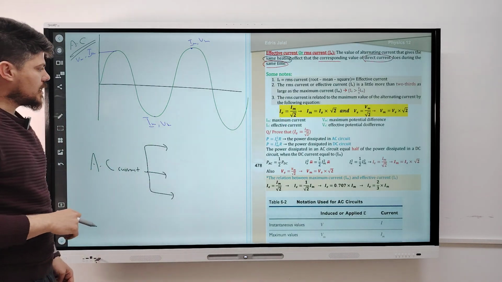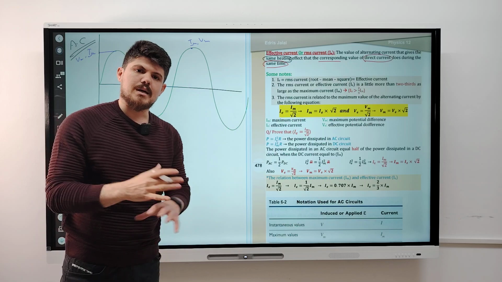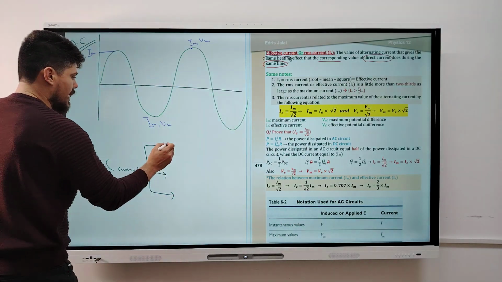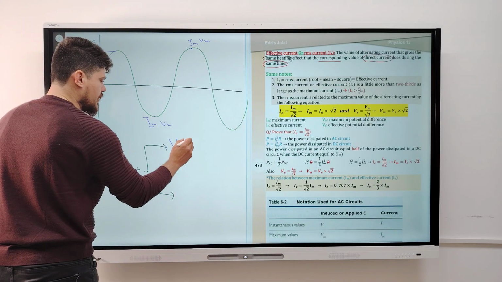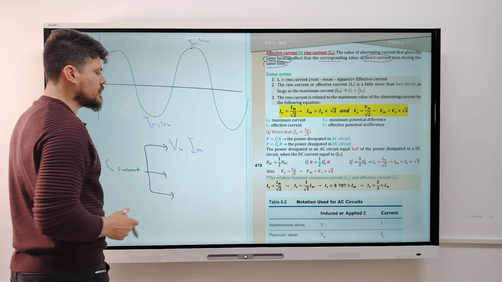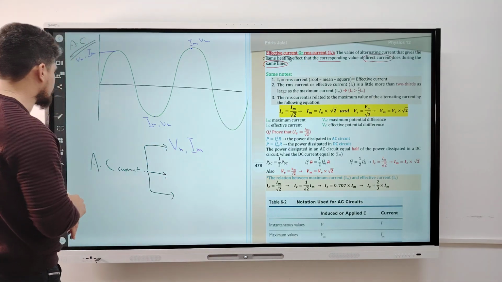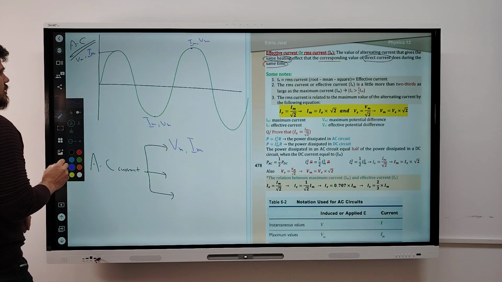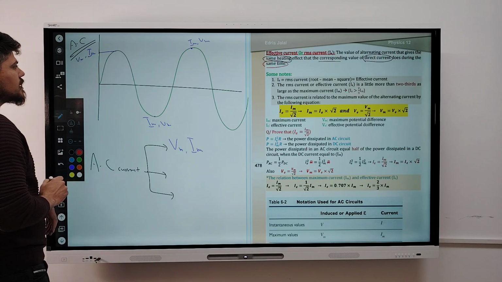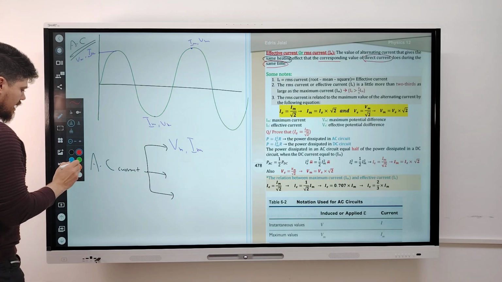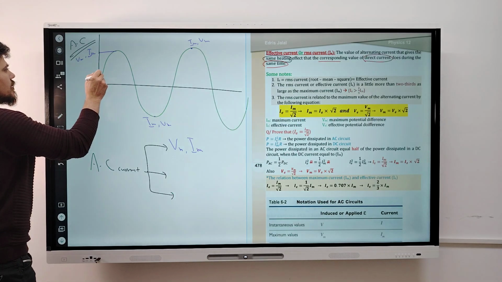So the AC current has maximum values of potential difference and current. The second magnitude of the AC current is the instantaneous current.